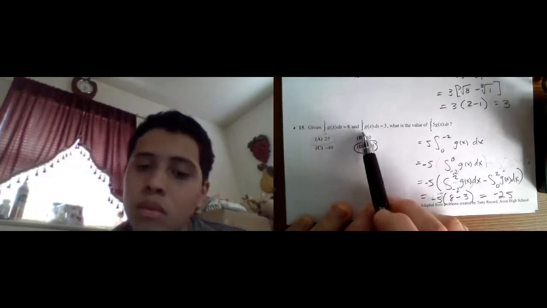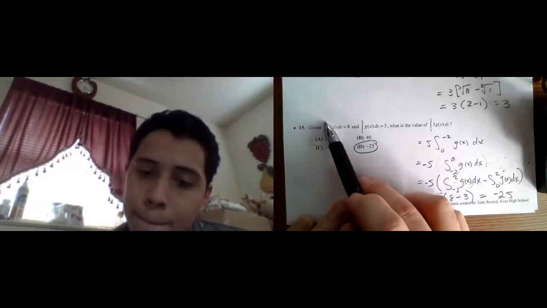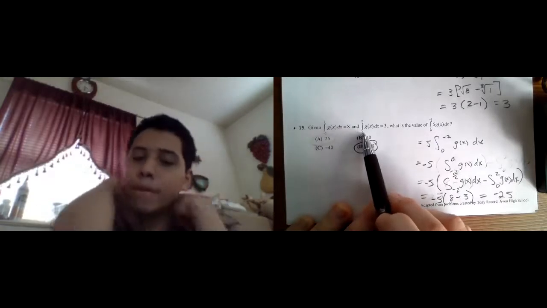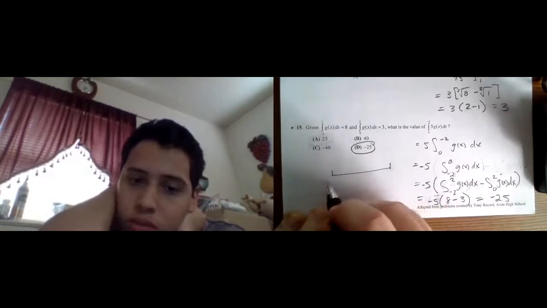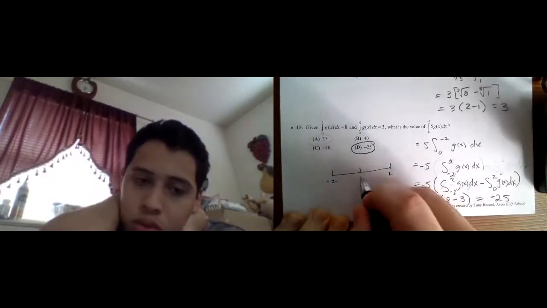So if I subtract the integral from 0 to 2 away from the integral from -2 to 2, it's going to leave me with the integral from -2 to 0. Right? You can think about it as a number line.